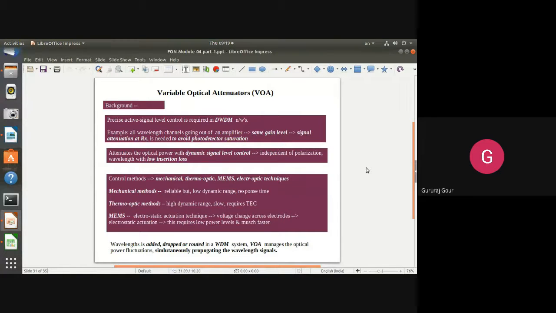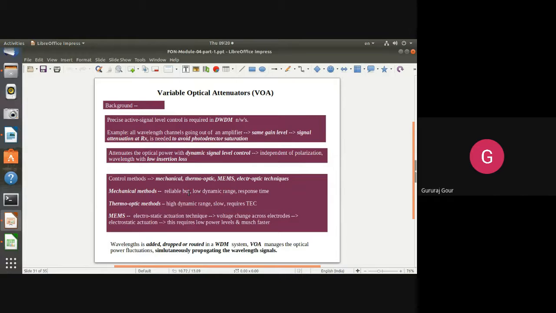So we are here. There are different control mechanisms that we are discussing under variable optical attenuators. The first is mechanical methods, which are found to be more reliable, but they provide low dynamic range and response time because of wear and tear problems.